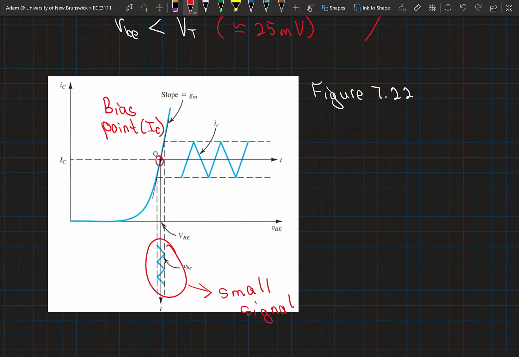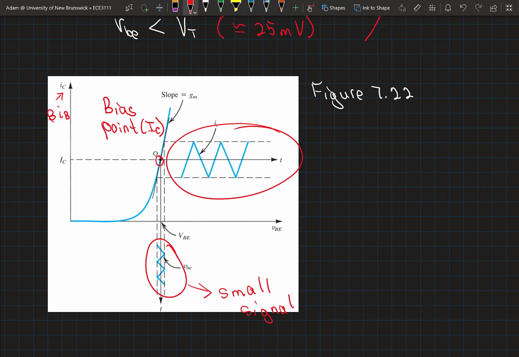Remember that the collector current is related to our base current as beta, or common emitter current gain, times our base current. Okay, and we see as a result of these small signals applied to the input, we get a large signal occurring at the output, and that's the amplification effect that we are hoping to achieve from our BJT, right?